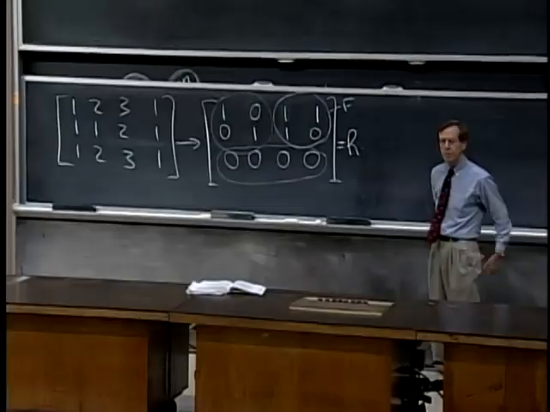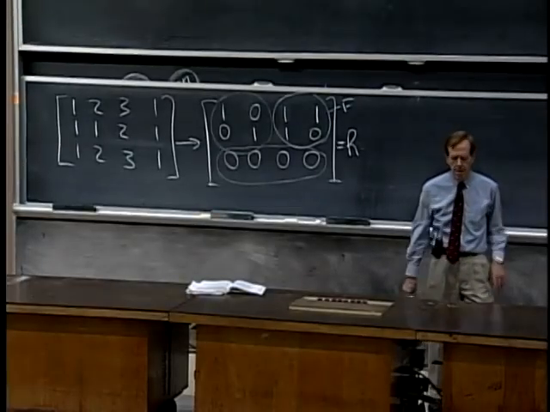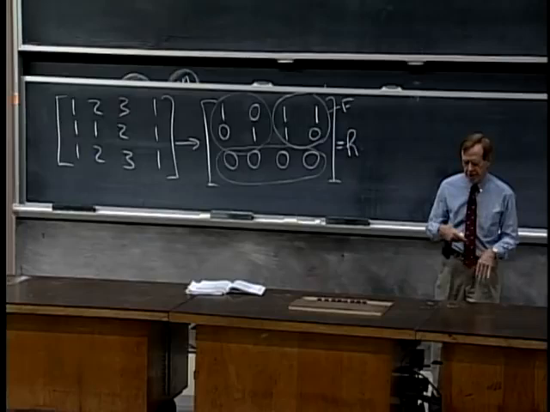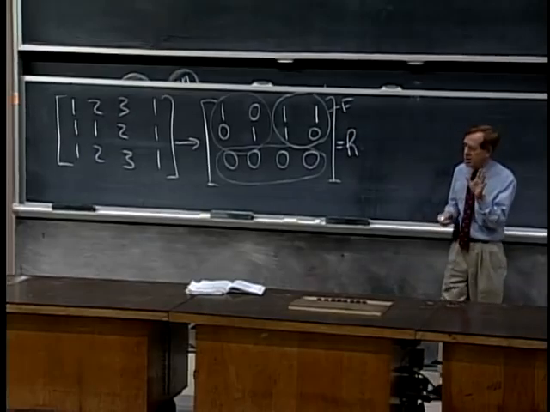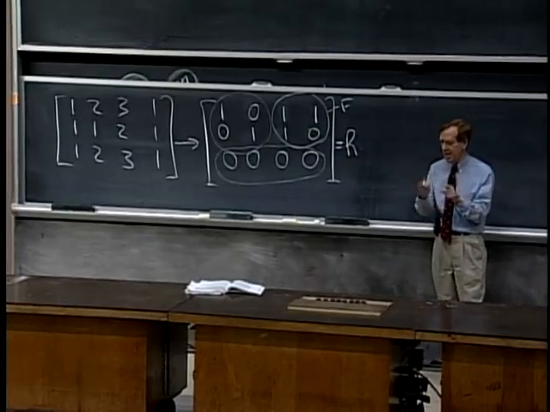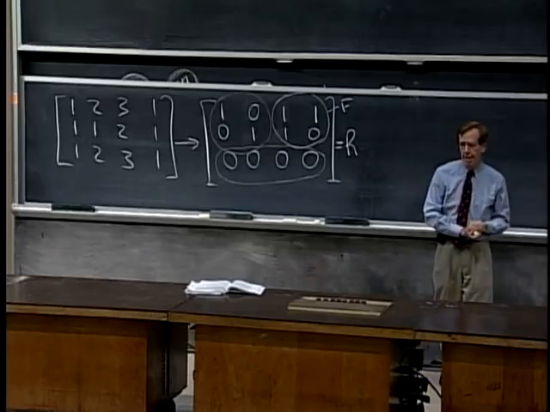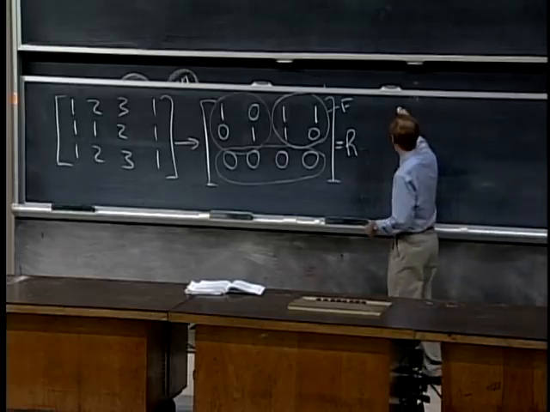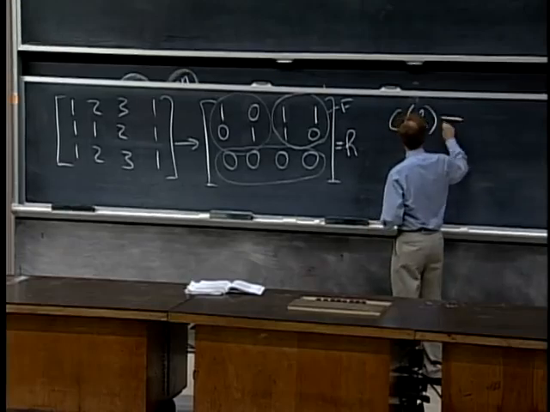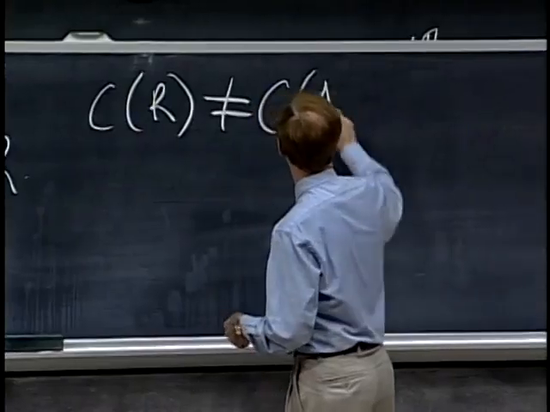What about its row space? What happened to its row space? Well, let me first ask, just because sometimes something does happen. Its column space changed. The column space of R is not the column space of A, right?